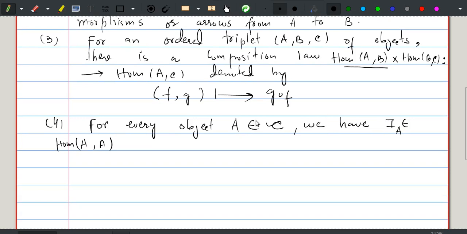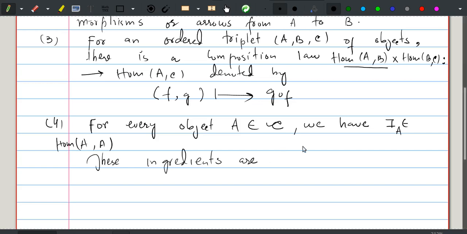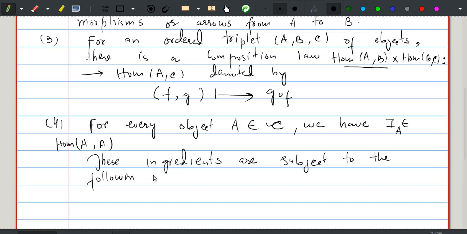Now these four ingredients are subject to the following natural properties.